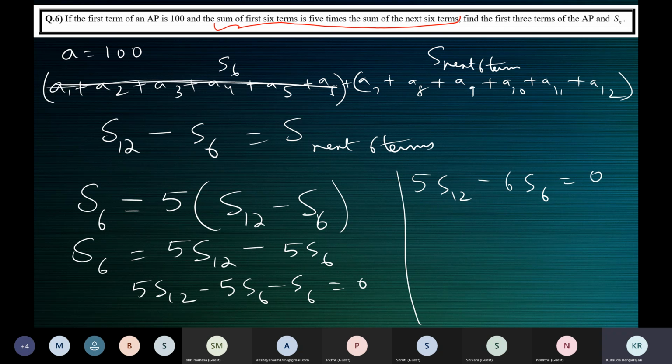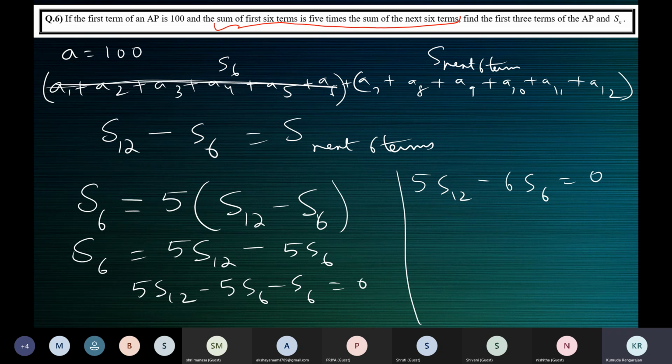I'm also working it out. What after this, children? For S12, you should write the formula: 12 by 2 of 2A. You know A is 100.